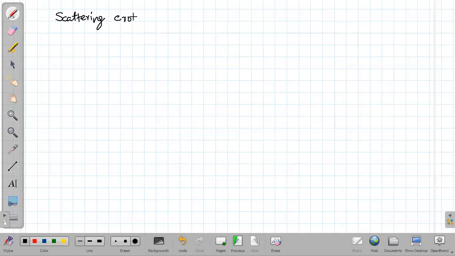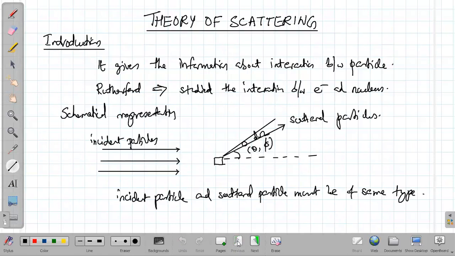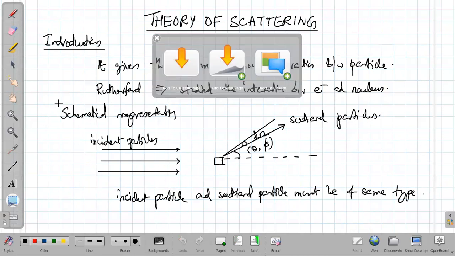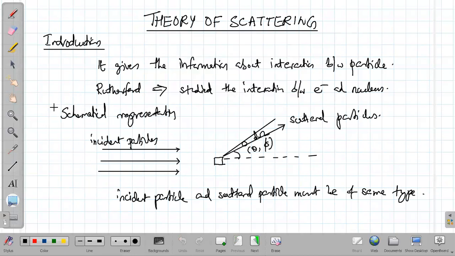We already discussed this in the previous page; this is our schematic representation. So let me copy this.